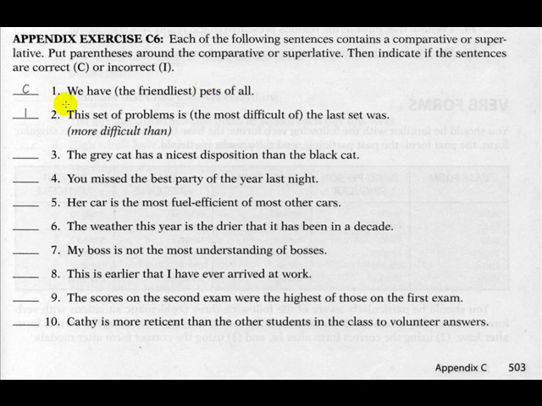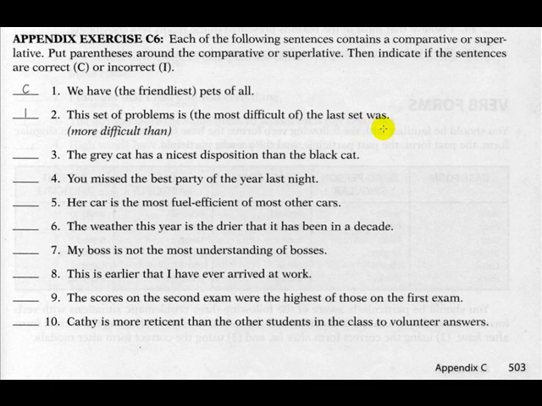Here we have, this is correct, we have the friendliest pets of all. This is incorrect. This set of problems is the most difficult of the last set was. That is not correct.